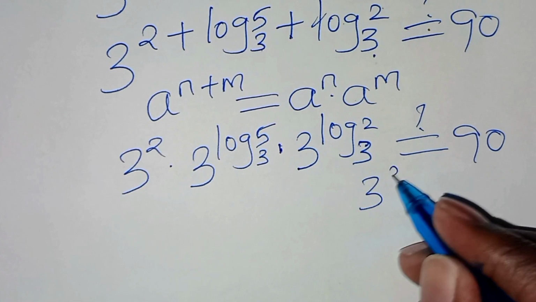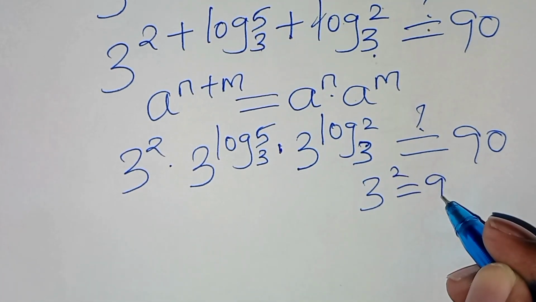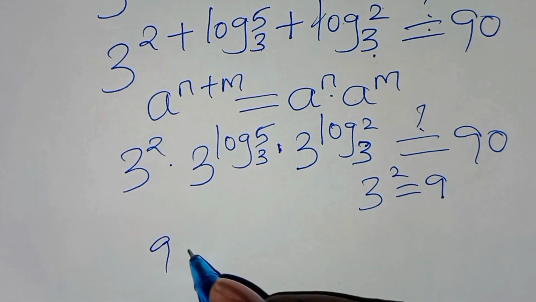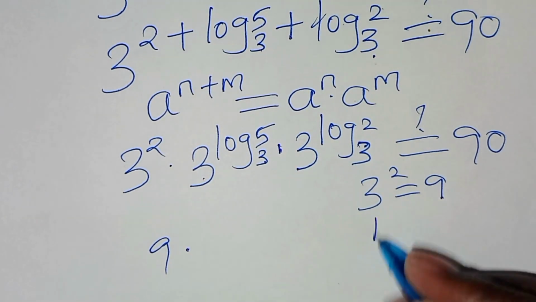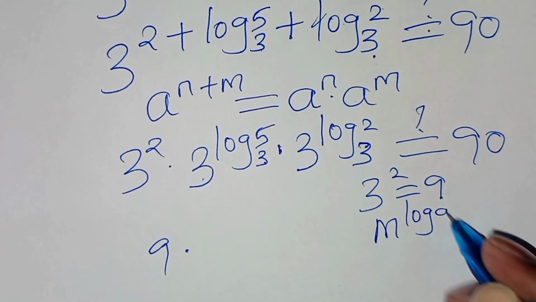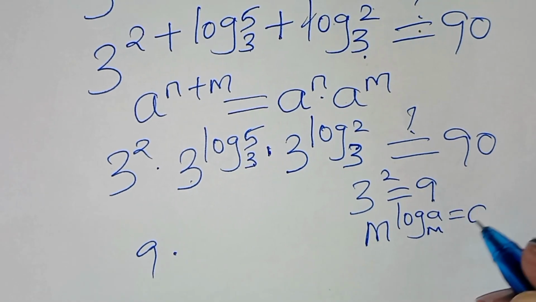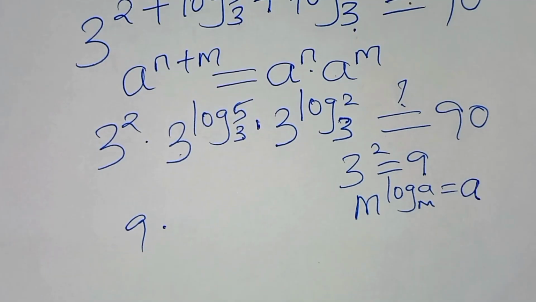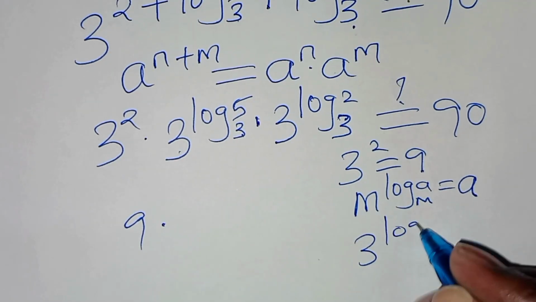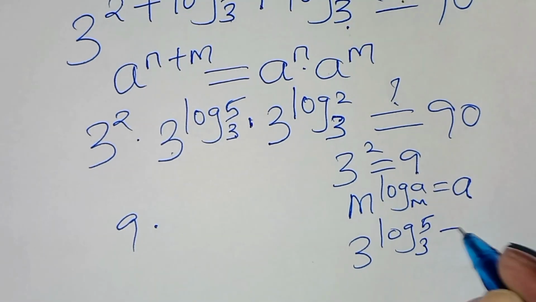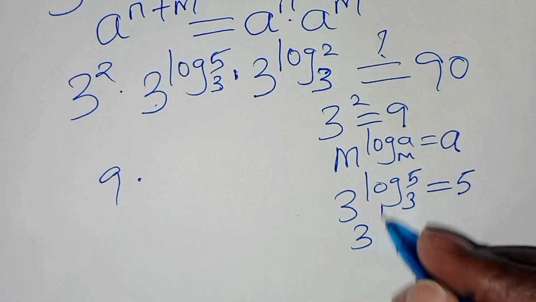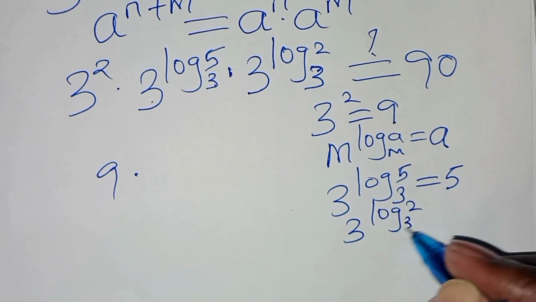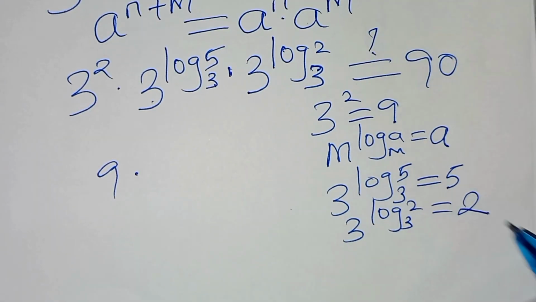So 3 to power 2 is equal to 9. So we have 9 multiplied by 3 to power log 5 to base 3. This is in the form of m to power log a to base m, which essentially gives us a value of a. So 3 to power log 5 to base 3 is equal to 5, and 3 to power log 2 to base 3 is essentially equal to 2.